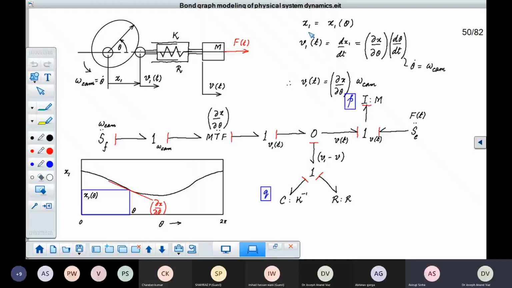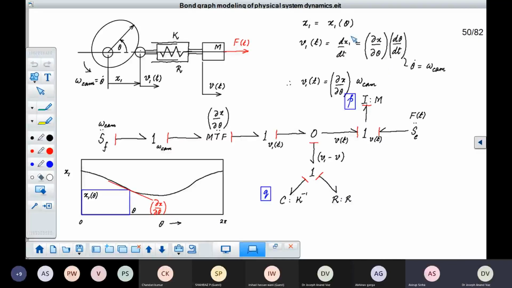Now you can see that x, this distance which is moved by the follower, is a function of the angle which is turned by this cam. So if you write the rate of change of this x1, that is the velocity, it is equal to what?